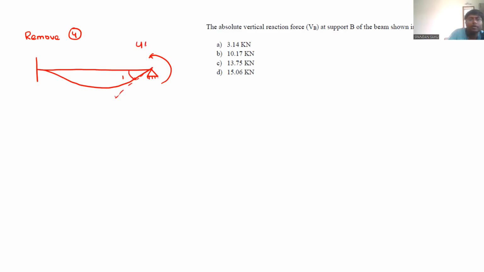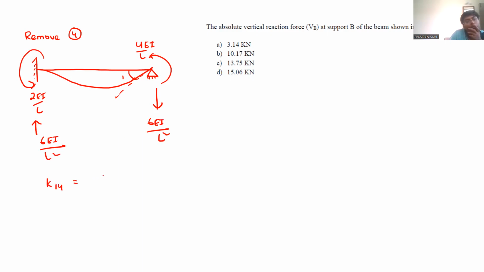Now this will be 4 EI by L, and this will be 2 EI upon L counterclockwise. We need a clockwise couple, so this will be 6 EI upon L square. Now tell me, K14 will be 2 EI upon L, and 6 EI upon L square.